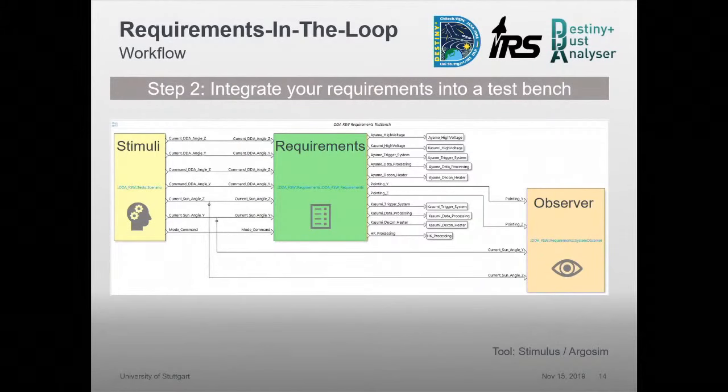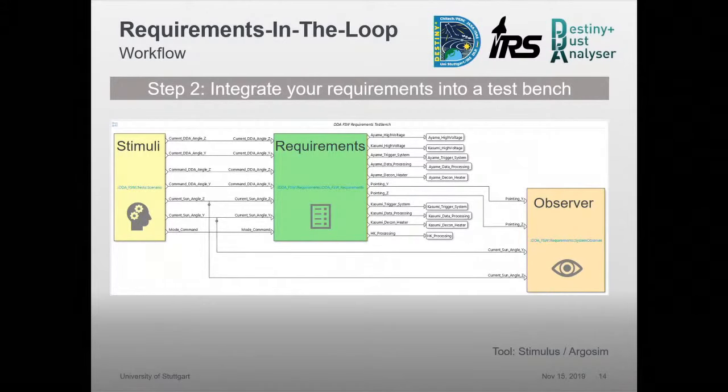Step 2. We put our formalized requirements into a test bench. Now we're getting to the step where we can do the requirements in the loop testing. We have some stimuli for the requirements, and we have an expected output of the requirements, an expected behavior. We call it observer.